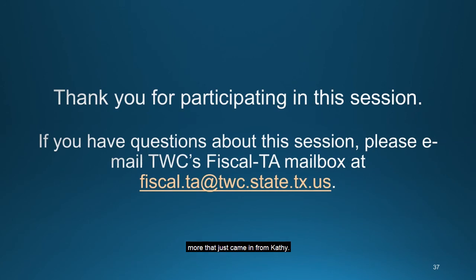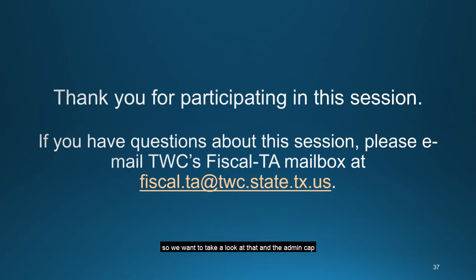There's one more that just came in from Kathy. Okay, I see it. About the indirect costs: in other grant programs, there's a 10% de minimis indirect cost allowance. Also, what is the admin cap for the grant award? I spoke to both of those just a few minutes ago. For the de minimis, I myself haven't looked closely at how that de minimis rate would relate to that restricted rate for an AEL grant award, so we'd want to take a look at that.